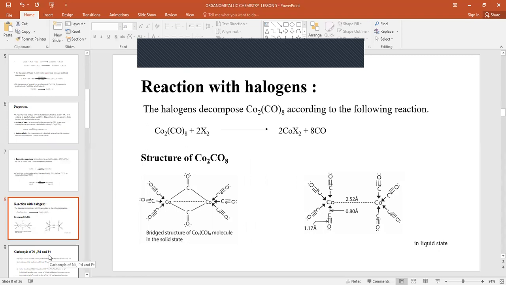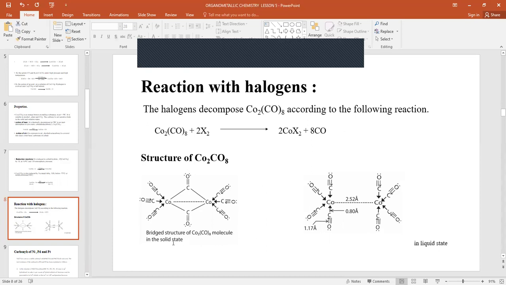Reaction with halogens. Halogens decompose dicobalt octacarbonyl according to the following reaction, where we react the dicobalt octacarbonyl with a halogen to give the halide of cobalt and carbon monoxide. The structure: there are two structures observed.